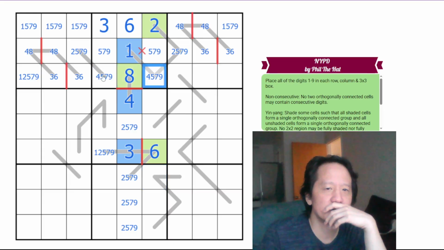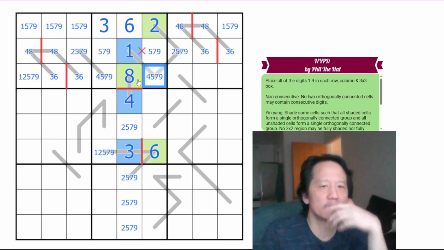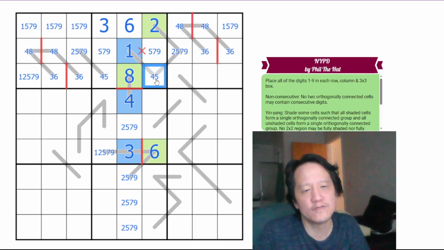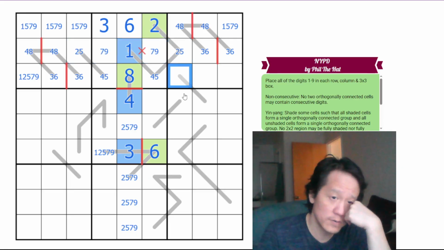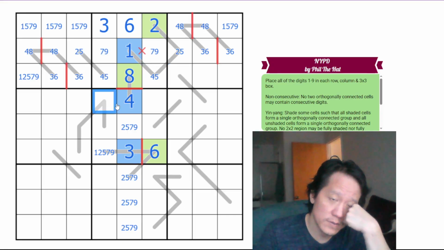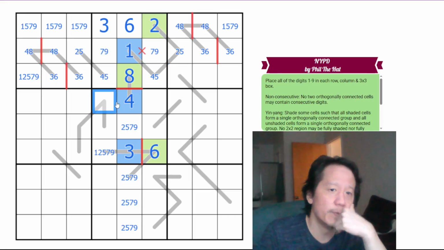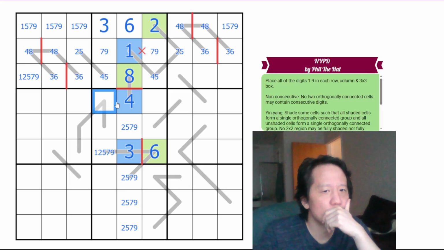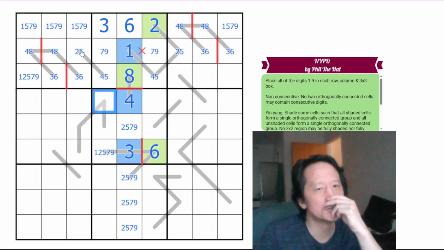Non-consecutive. 8 cannot be consecutive with 7 or 9, so this has to be a 4, 5 pair. So these can't be 5. This is a 7, 9 pair. That forces this to be a 2, 5 pair. Interesting.